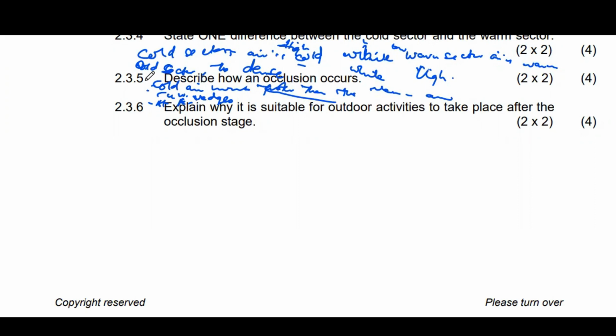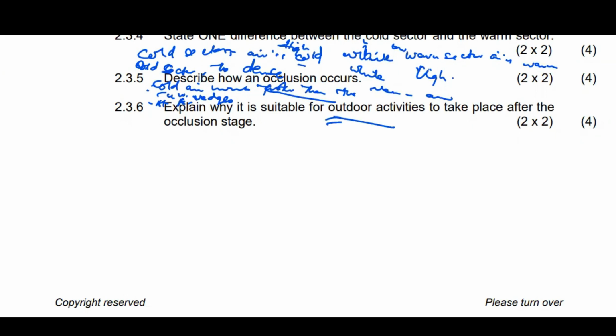We also know that within the mature stage, there are conditions that might prevent people from having their activities outside. That will be different after the occlusion. So you look at those aspects. Why do you think we shall have outdoor activities? What do you understand, learners?